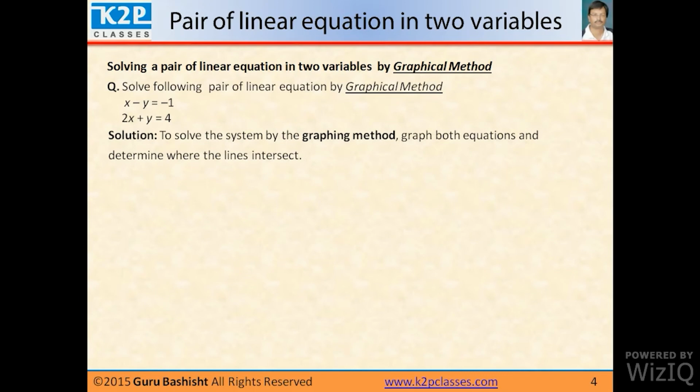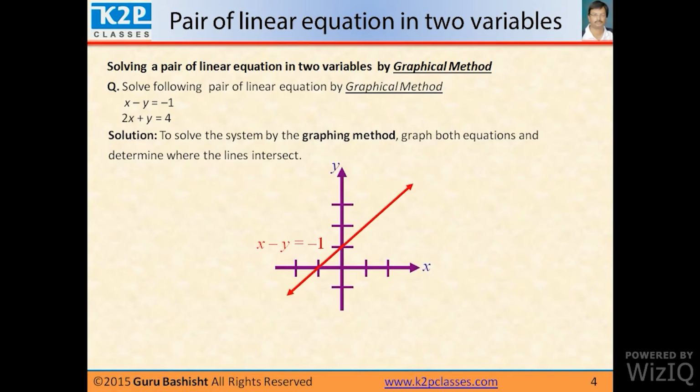Any linear equation in x and y represents a straight line. So this red one is x minus y equal to minus 1. If you draw the straight line for the other equation, 2x plus y equal to 4, the straight line will be like this.